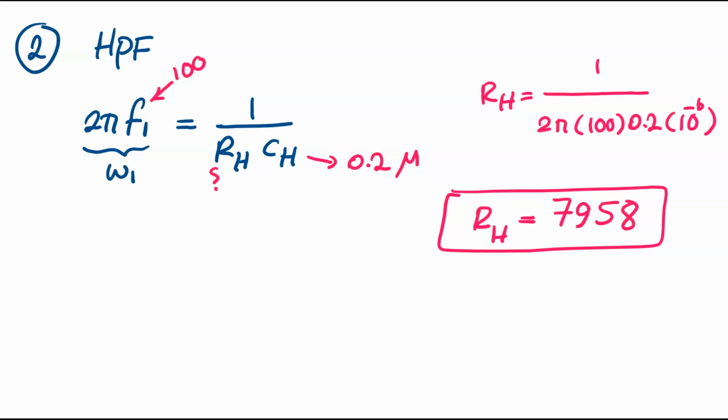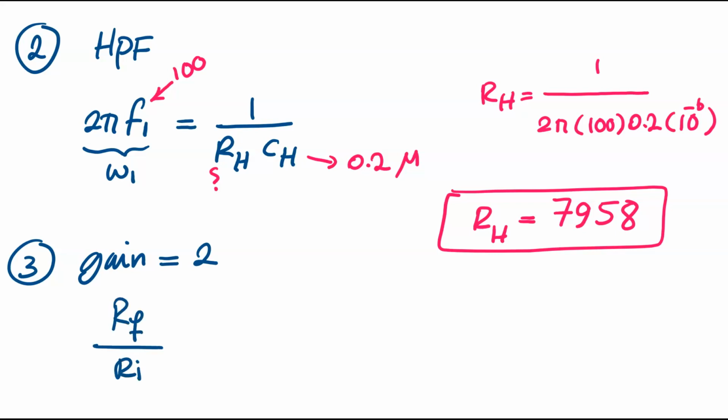So the last step is focusing on the gain. So the third step is focusing on the gain, and let's assume that my gain is equal to 2 because that's what the problem is asking for. So it means that RF divided by RI needs to be equal to 2. I can choose any values that I need.